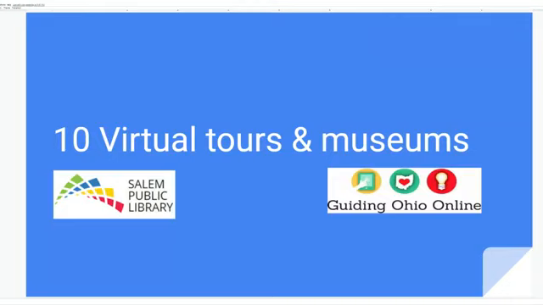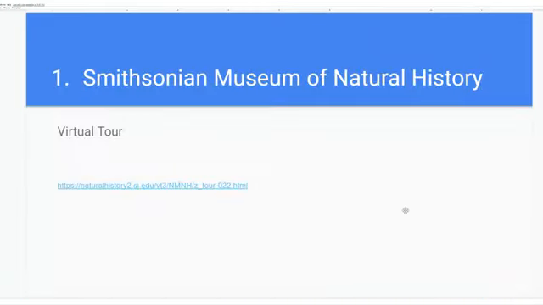So the first one that I want to show you, I want to say this one's probably my favorite, and the reason being is it's so easy to use. It's the Smithsonian Museum of Natural History, and it is a virtual tour through the Smithsonian, which is really cool.